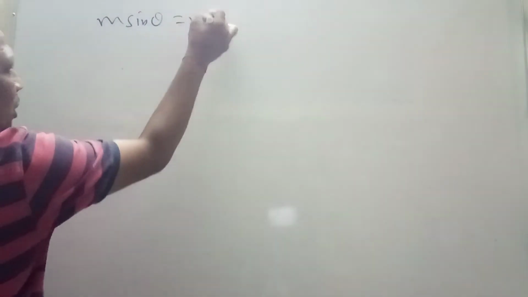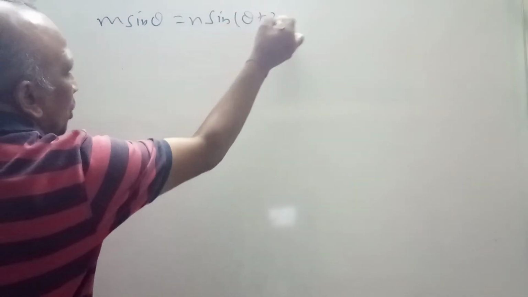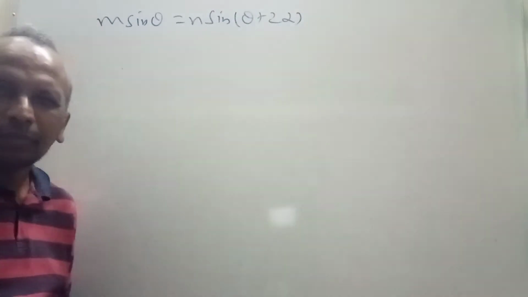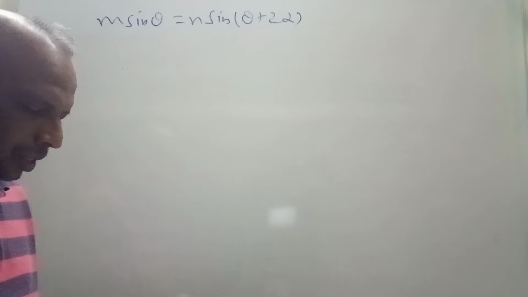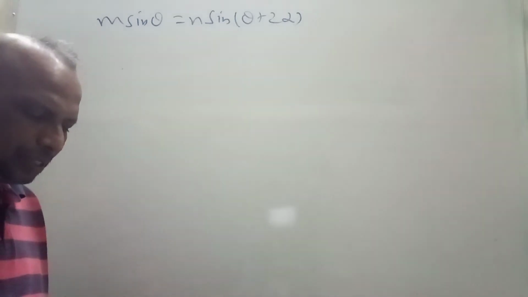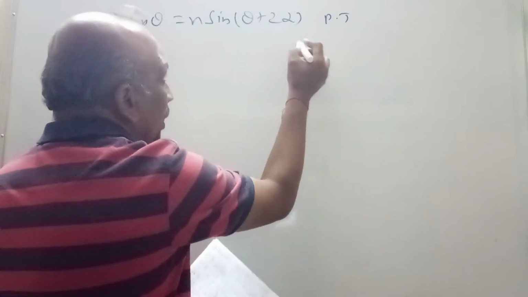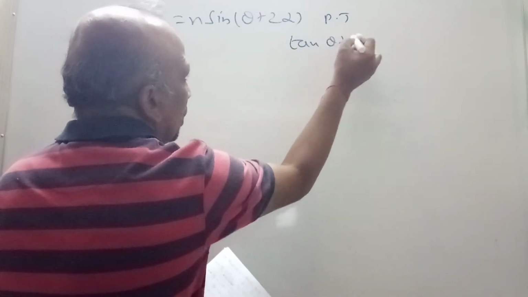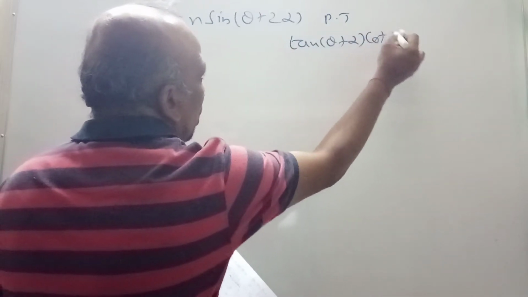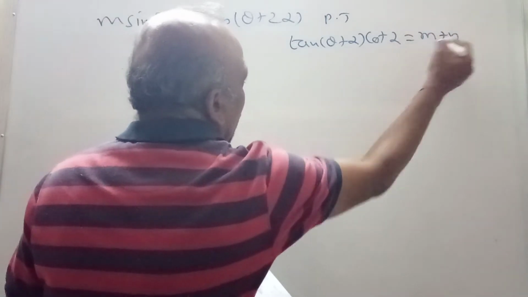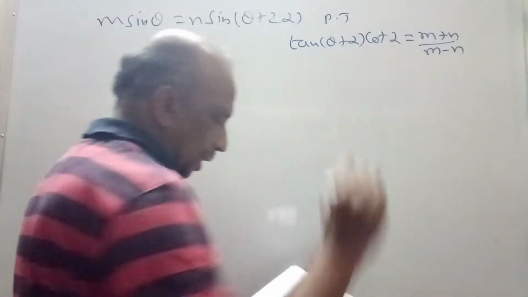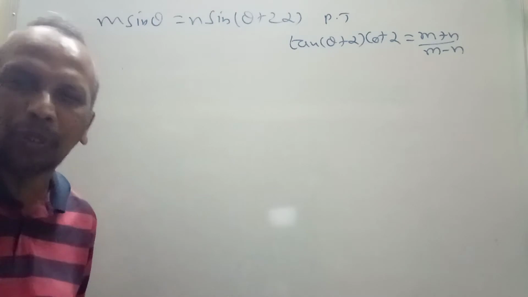If m sin theta is equal to n sin of theta plus 2 alpha is given, then prove that tan of theta plus alpha into cot alpha is equal to m plus n by m minus n. They are asking to prove this.